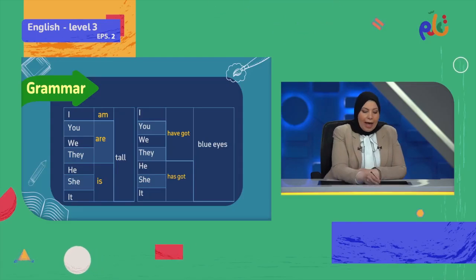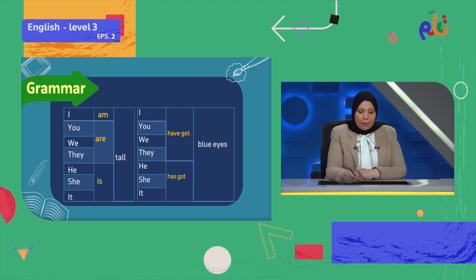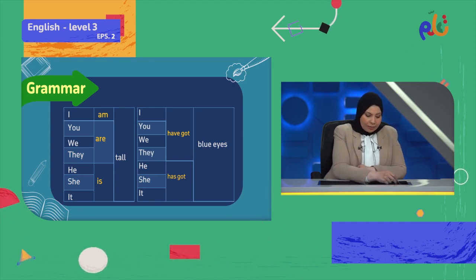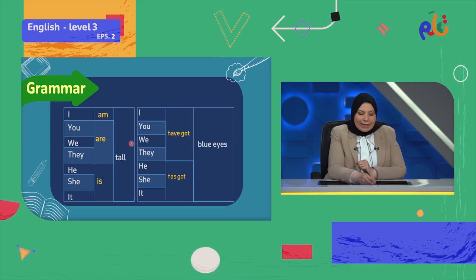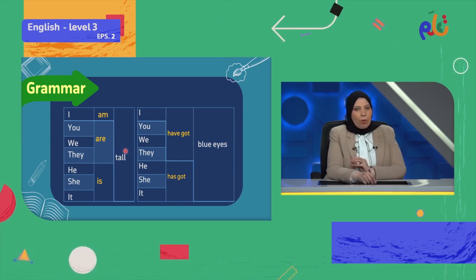ده هيخليني أعرف أنا هختار إيه عندي من الverbs بتاعتي. يعني أنا عندي الverbs بتاعتي الموجودة اللي هو am, is أو are، واللي هو have or has. دي الverbs الموجودة عندي اللي بيحكمني فيها اللي بعديه ده adjective or noun. So if we're talking about adjectives الفريند بتاع الadjectives هو verb to be.